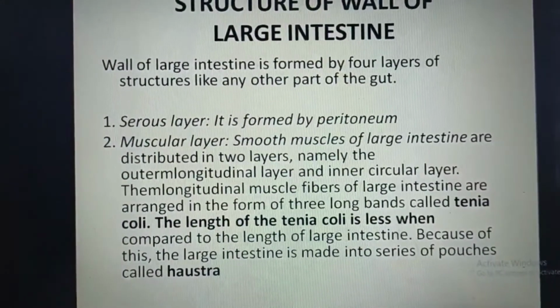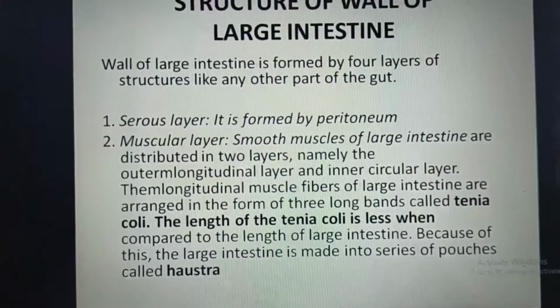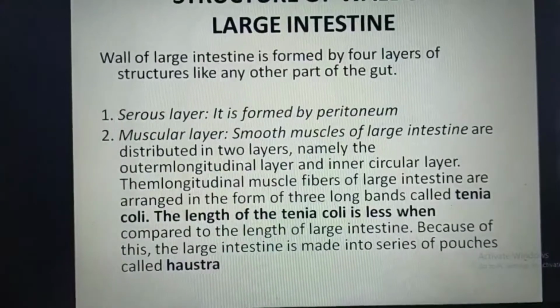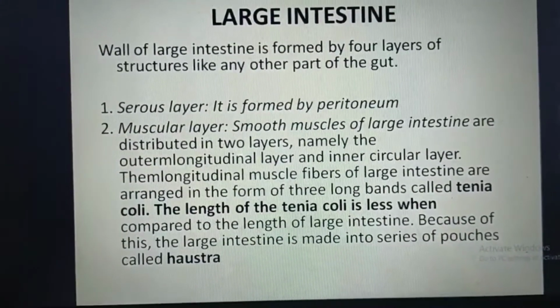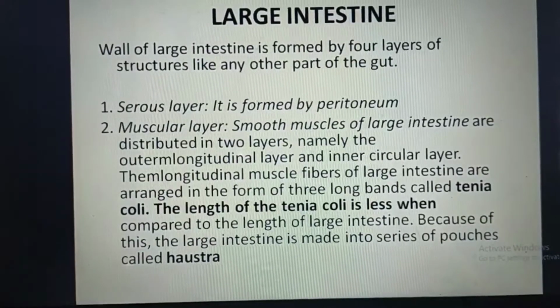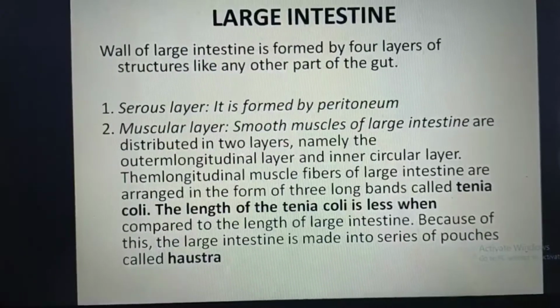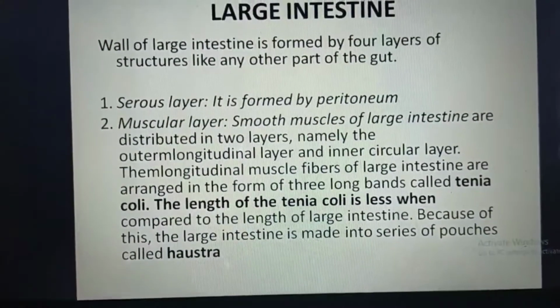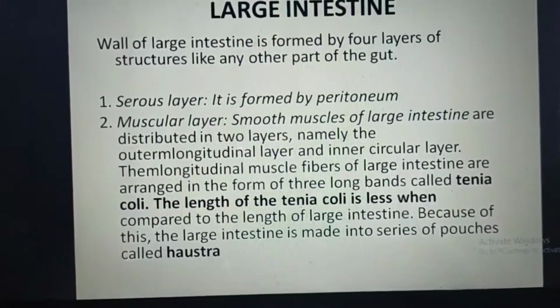The longitudinal muscle fibers of the large intestine are arranged in the form of 3 long bands called the taenia coli. The length of the taenia coli is less when compared to the length of large intestine. Because of this, the large intestine is made into series of pouches called the haustra.